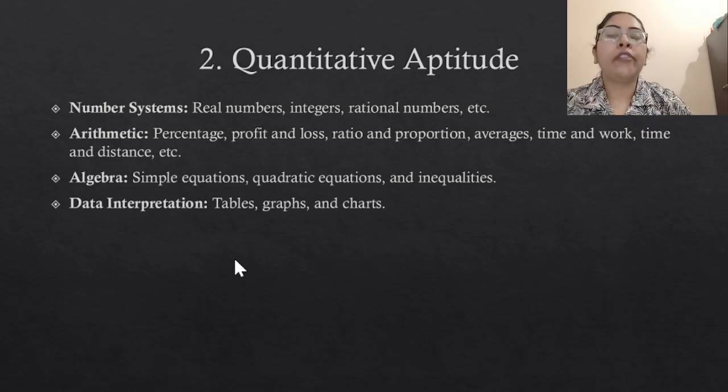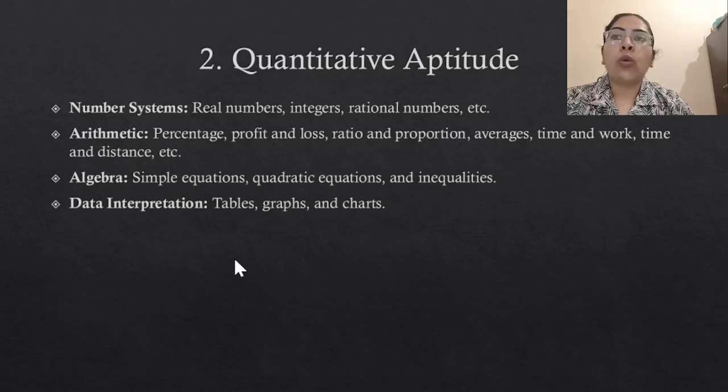In the quantitative aptitude, we have number system, real numbers, integers, rational numbers, etc. We have arithmetic: percentages, profit and loss, ratio and proportion, averages, time and work, time and distance, etc. Then we have algebra, simple equations, quadratic equations, and inequalities.